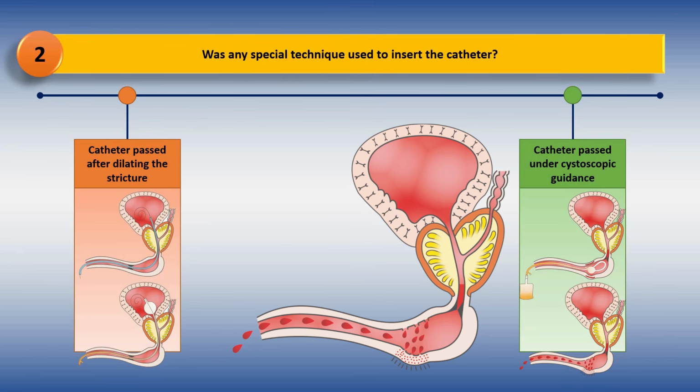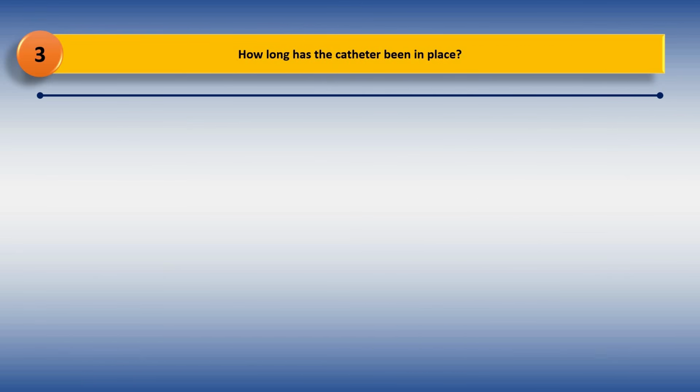Now when you remove the catheter of such a patient, you have to first verify that the traumatized urethra is adequately healed. How will you know this? It is better that you talk to the person who placed the catheter in the bladder in the first place.